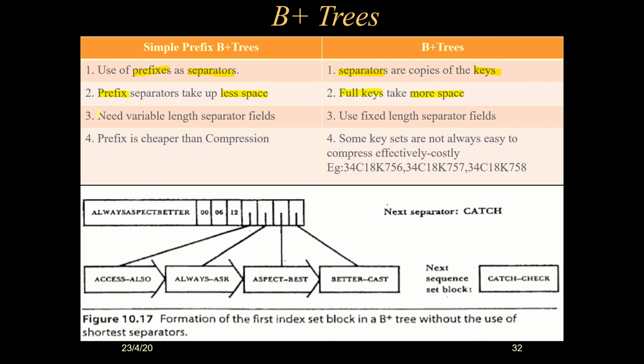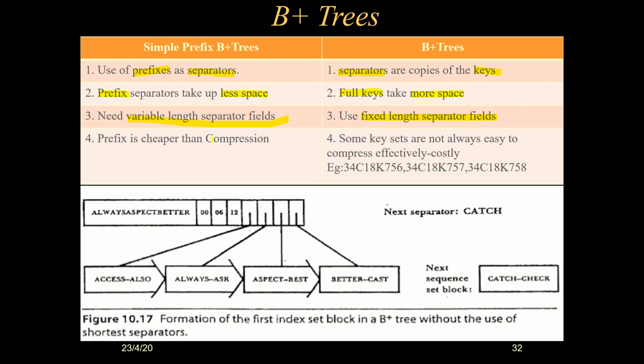Now in the case of simple prefix B plus tree, you can see that we are having variable sizes of separators. Some will have 2 characters, some will have 3 characters. So throughout the simple prefix B plus tree, we have variable length separator fields. But in the case of B plus tree, we have a fixed length separator field. So it is not required that variable length need to be included. The next one is prefix.